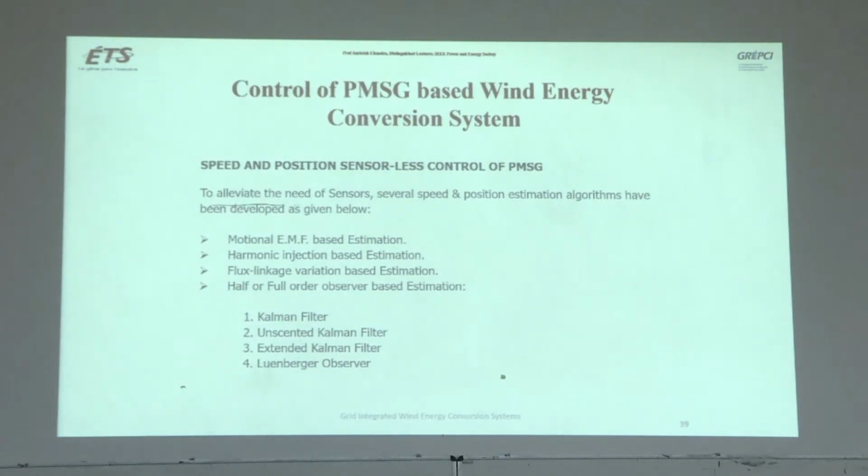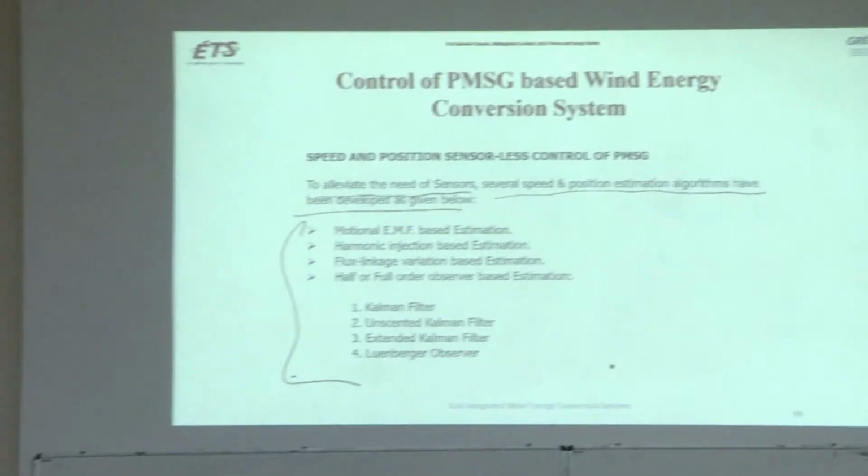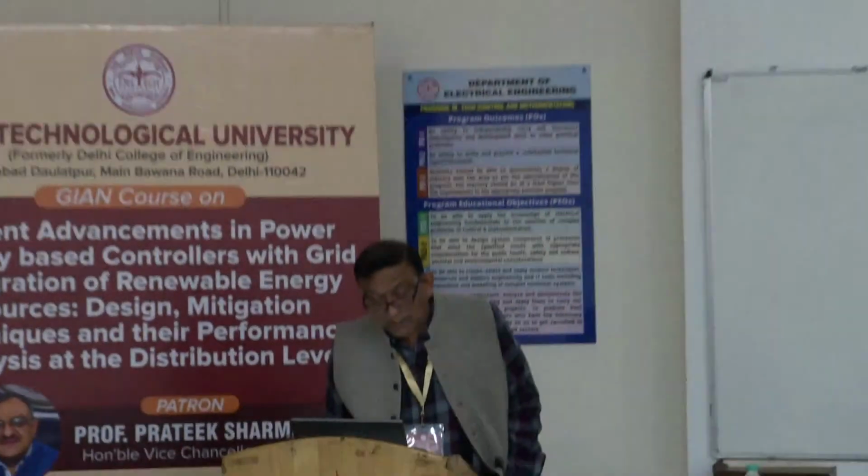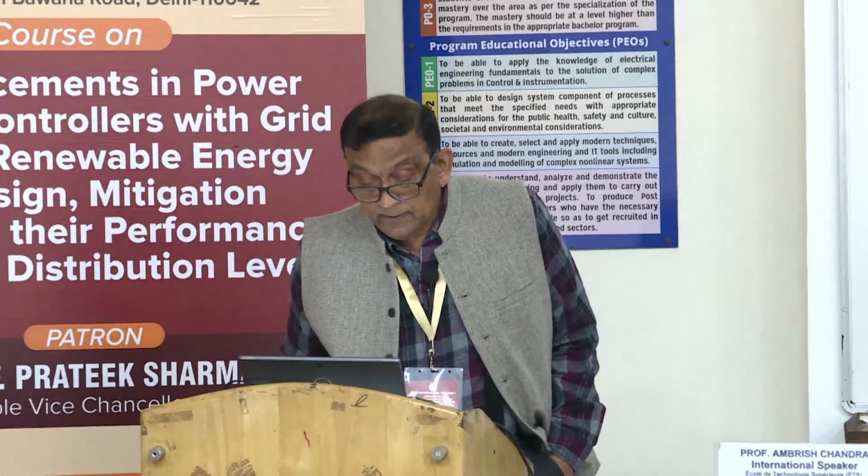So to alleviate the need for sensors, several speed and position estimation algorithms have been given. So there are many other algorithms where you need not use speed and position sensors. You estimate those things.